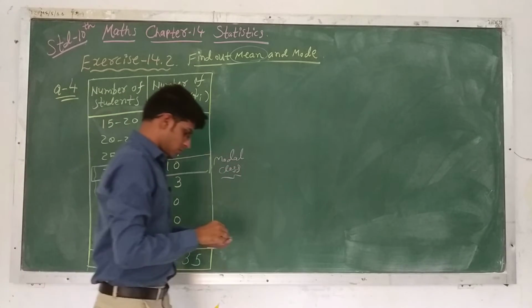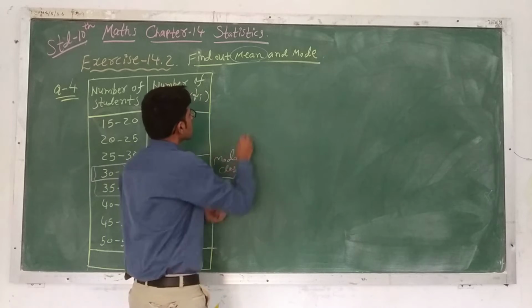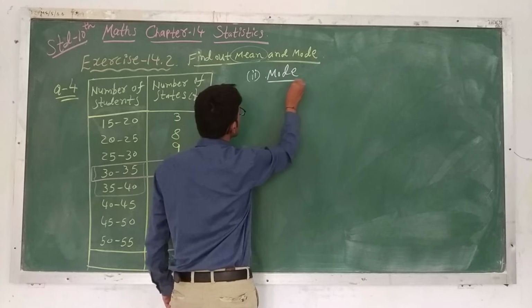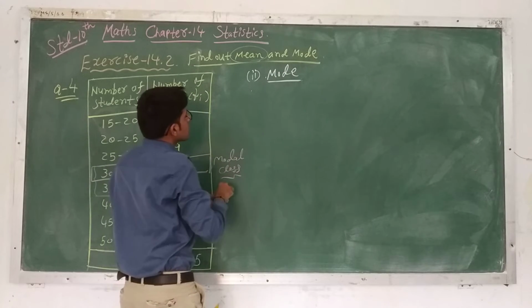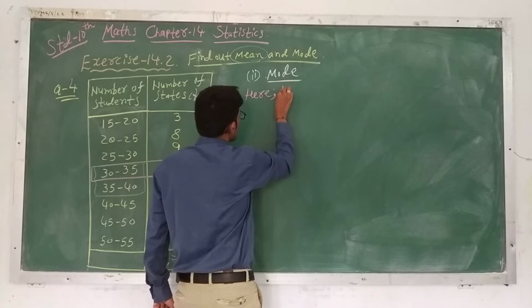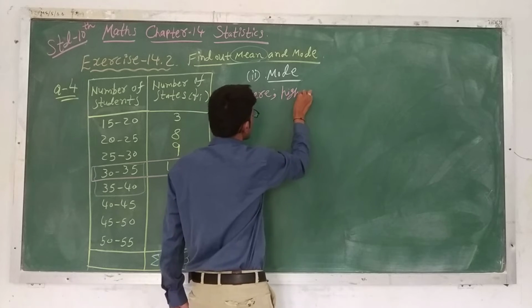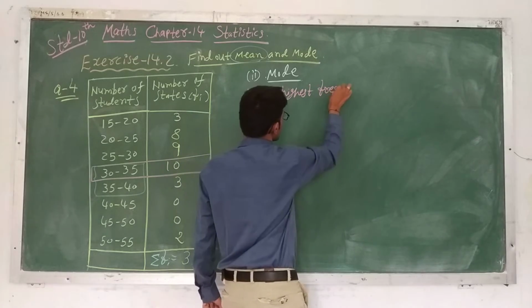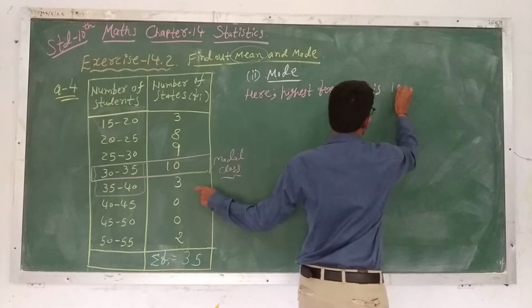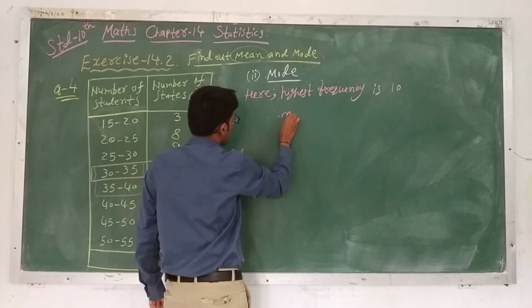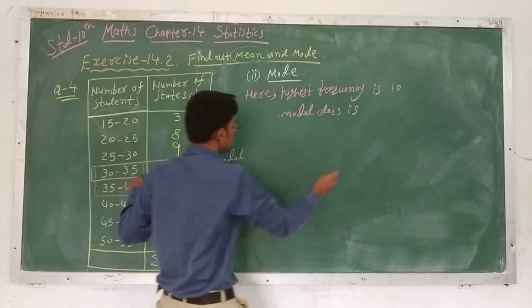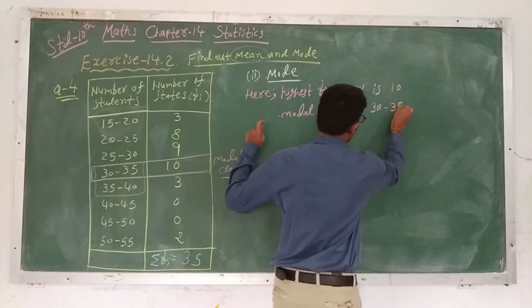Okay, so first of all we will write down the second one, mode. Here the highest frequency is 10. Therefore the model class is 30 to 35.